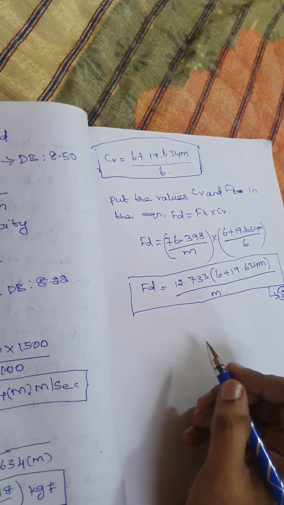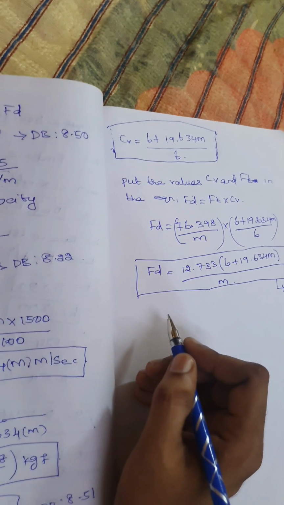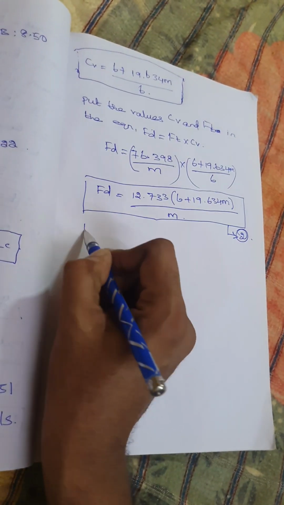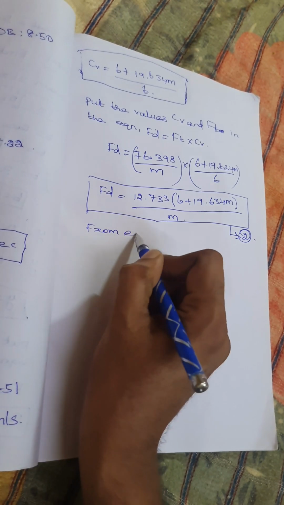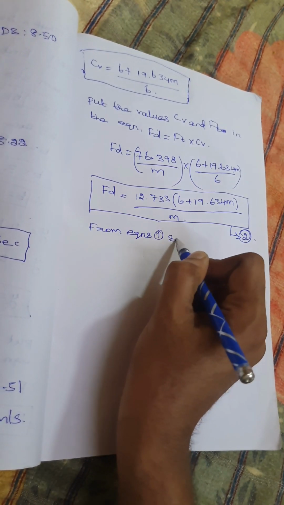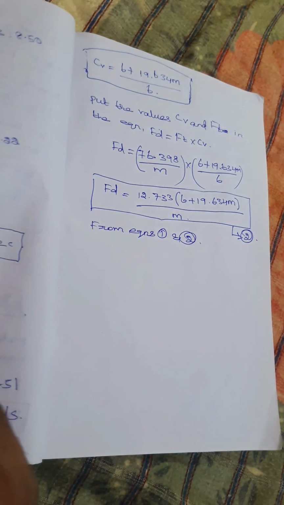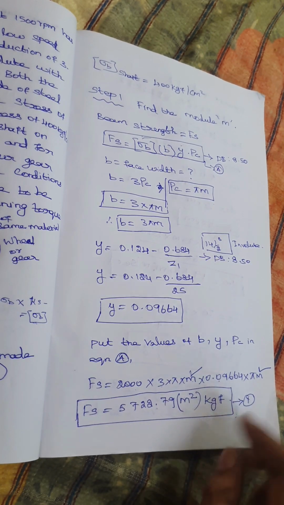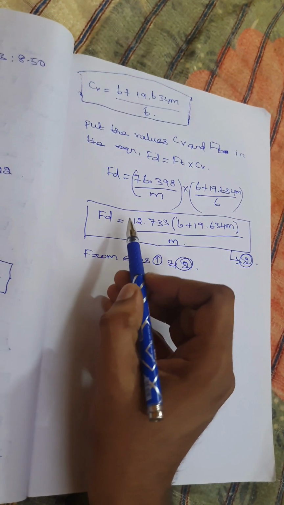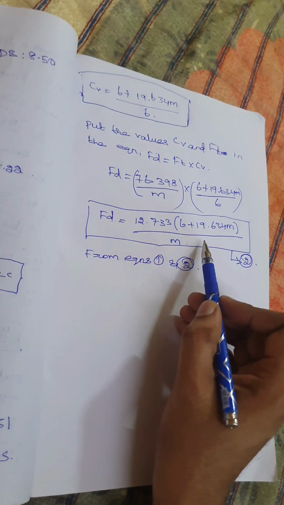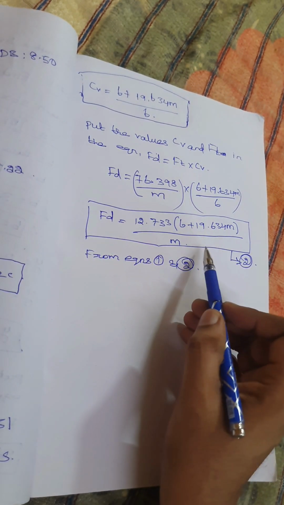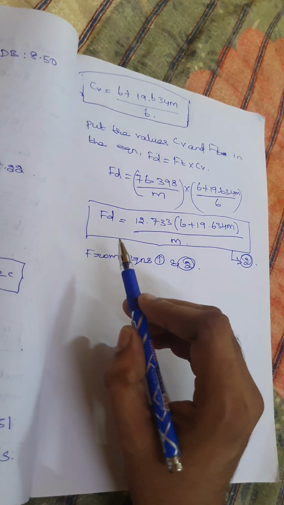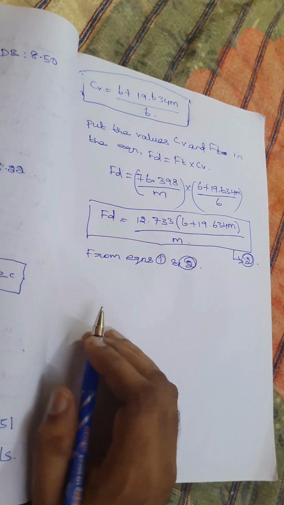So from equations 1 and 2, we know that the first equation is f of s, that is equal to some value we have found earlier, and now the value of f of d we have found something. We have considered f of s as equation 1, and the value of f of d as equation 2.